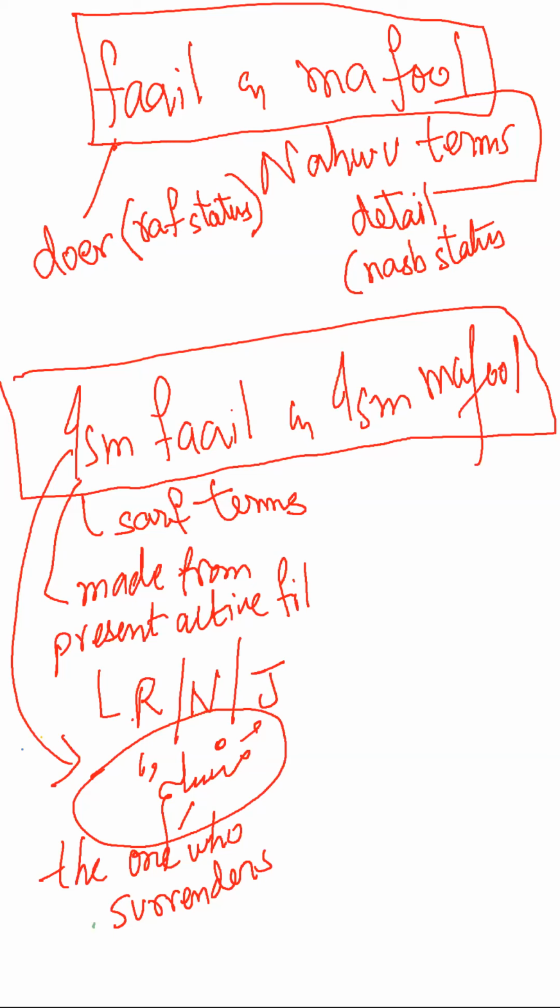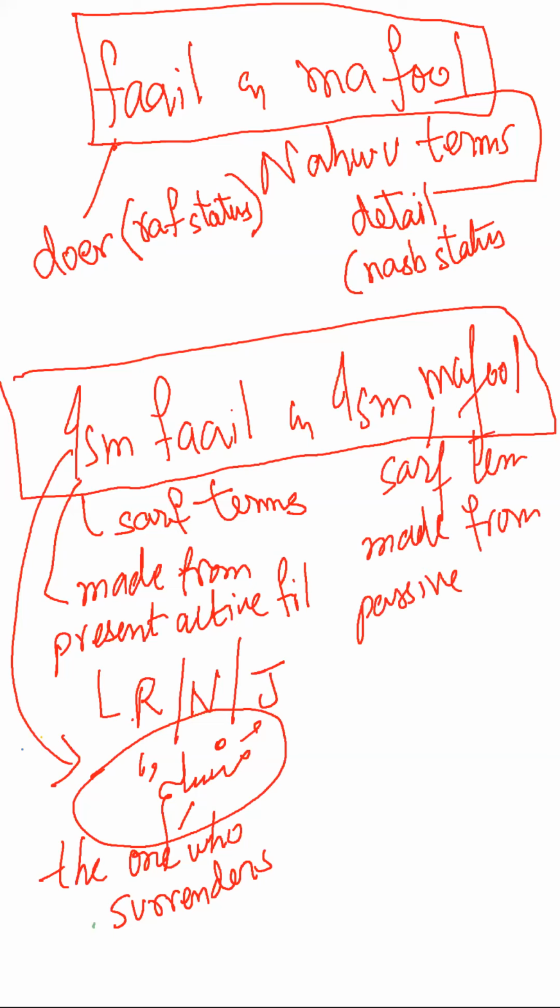And the same with ism maf'ul, this is a sarf term. It is made from the passive present form. It also can come in all three statuses.